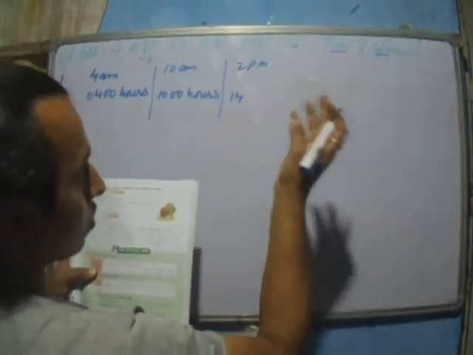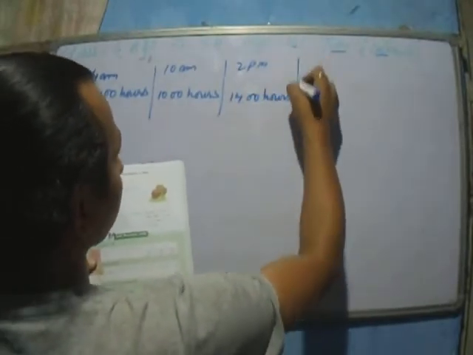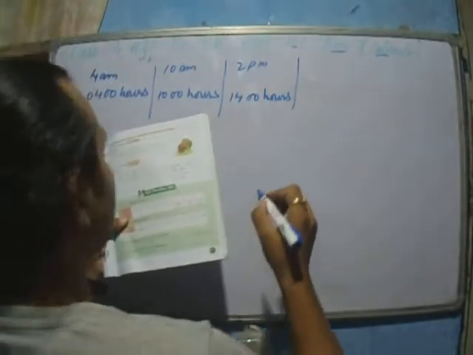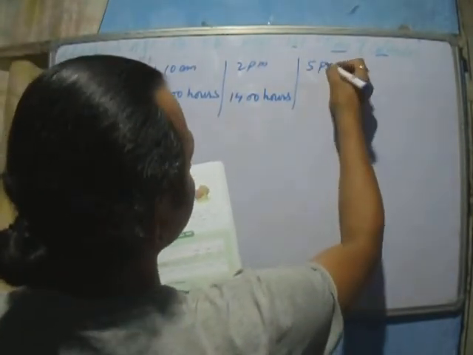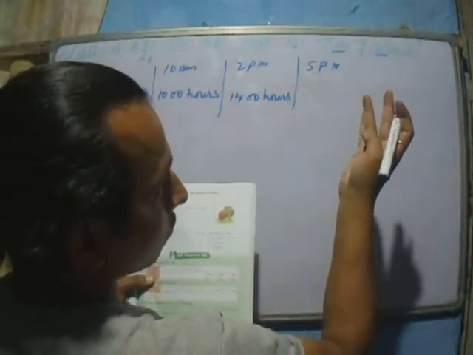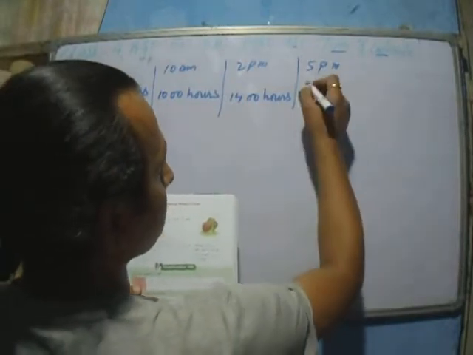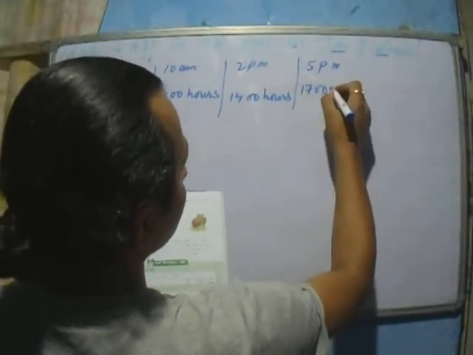So it is 1400 hours. Like that, 5 p.m.: after 12 comes 1, 2, 3, 4, 5, so it is 13, 14, 15, 16, 17. So 1700 hours.